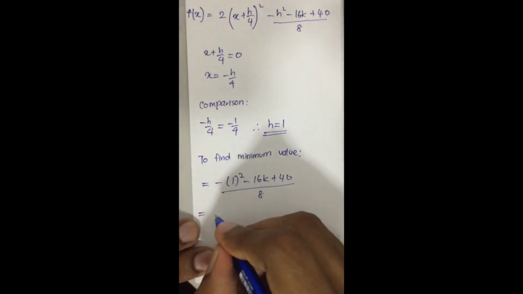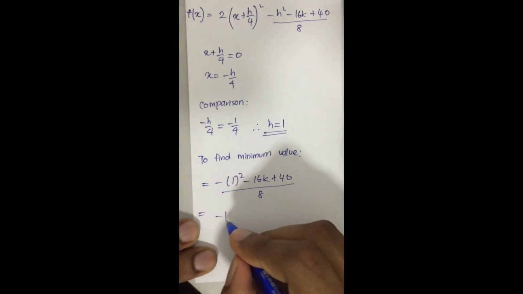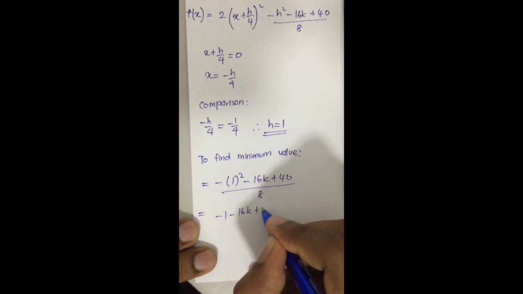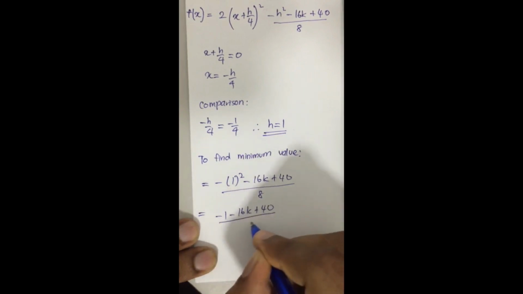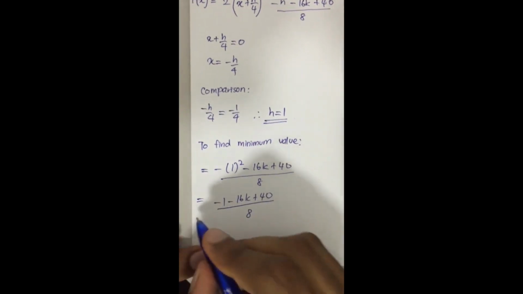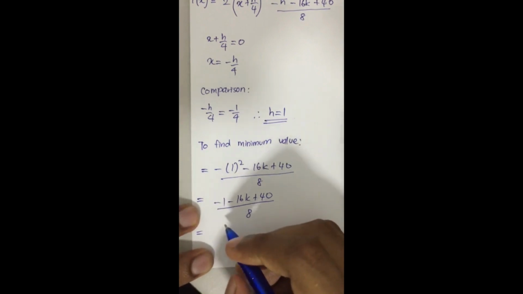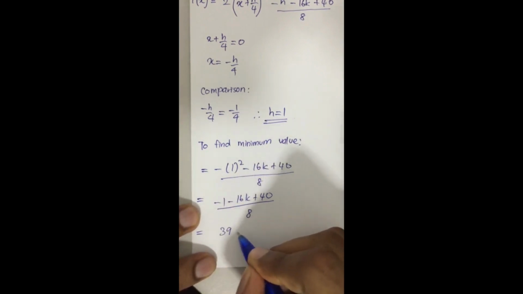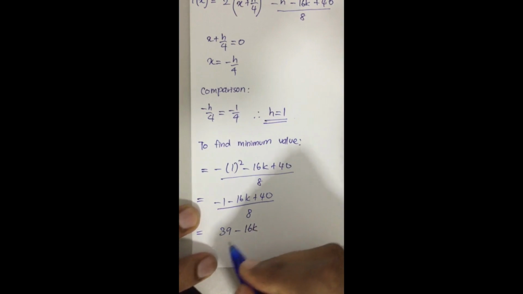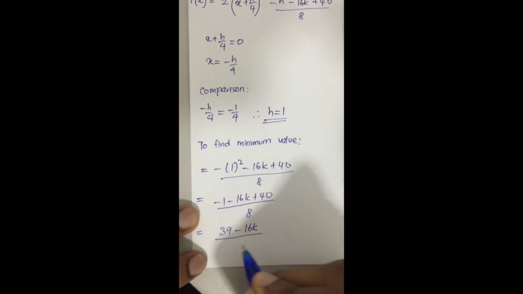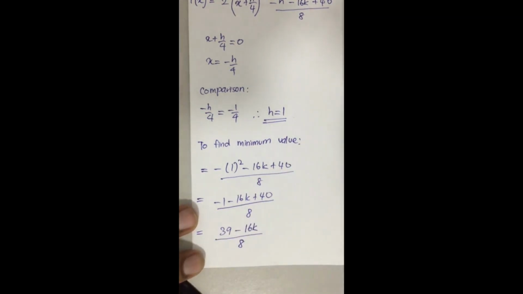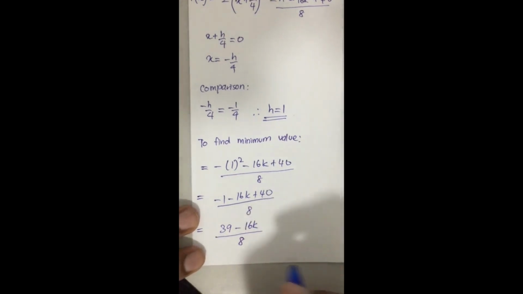So you get negative 1 minus 16k plus 40 over 8. From here you get your answer, 39 minus 16k over 8. Okay, so this is your final answer.